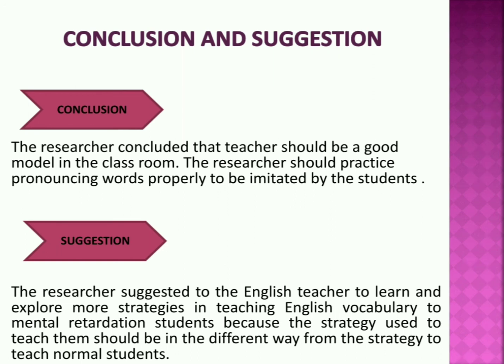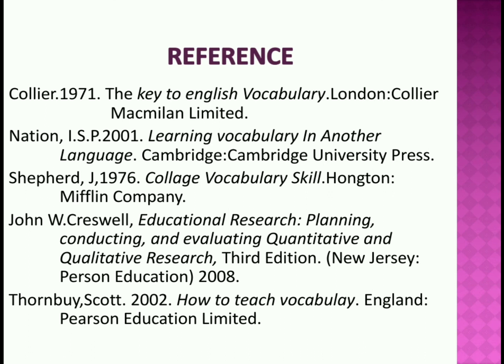Suggestion: the researcher suggests that the English teacher learn and explore more strategies in teaching English vocabulary to mentally retarded students, because the strategy used to teach them should be different from the strategy used to teach normal students. Okay, this is the reference.